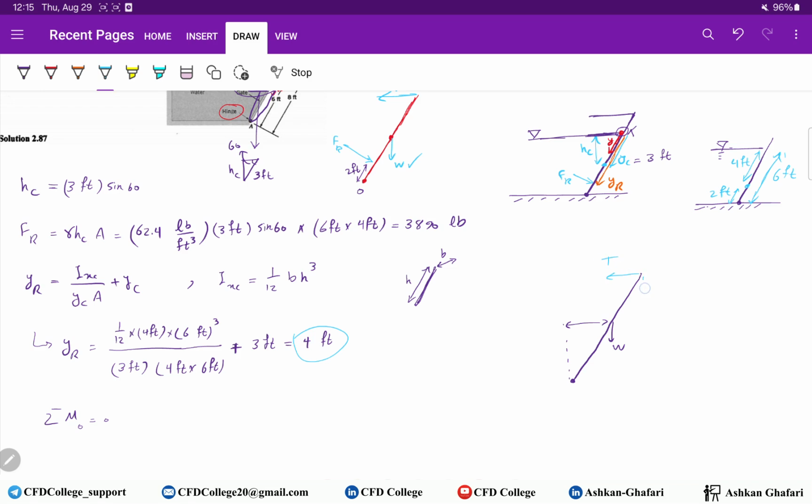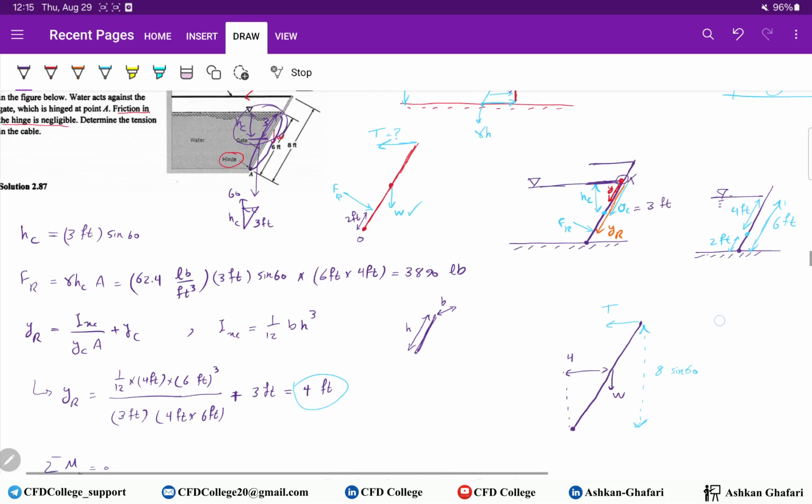This is the distance for T, which is 8 sine of 60. For W it is 4, because the total length of the gate should be considered.